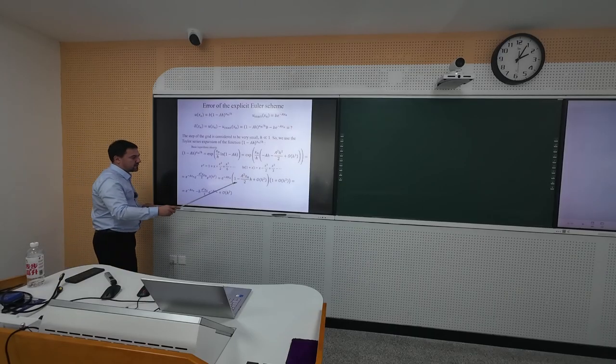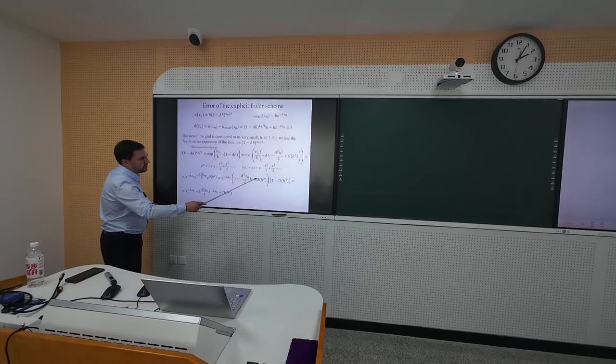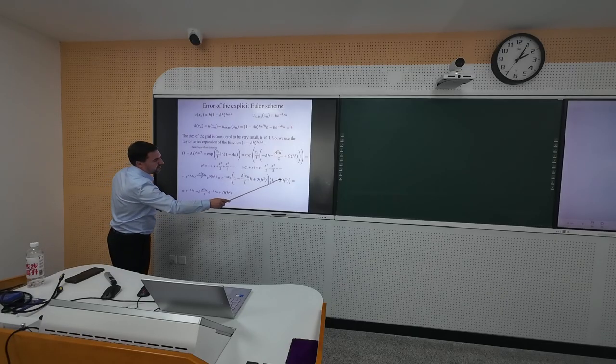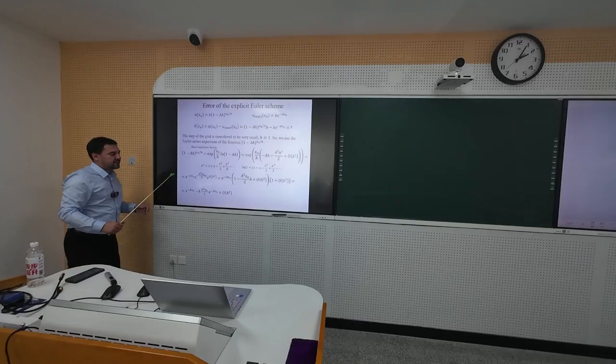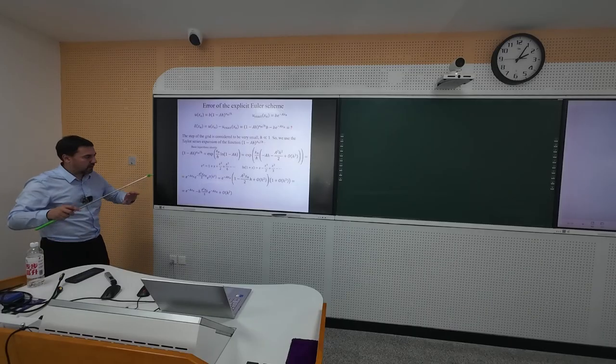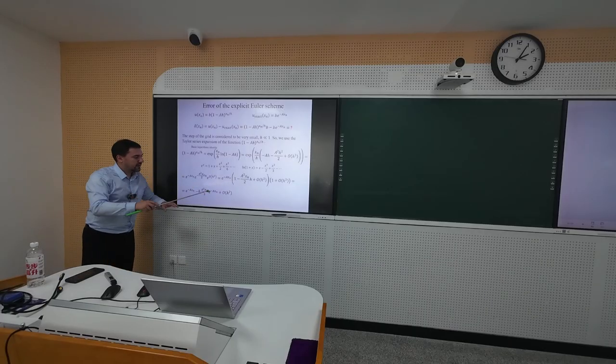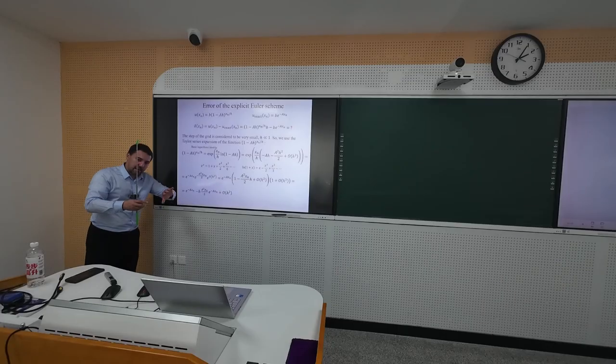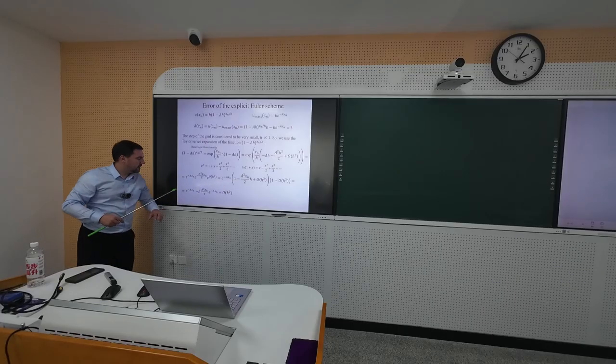We do not take into account, for example, that big O of h squared multiplied by big O of h squared gives terms with, for example, h to the fourth power, so they are all inside here. Everything that is smaller than this term is inside this term.